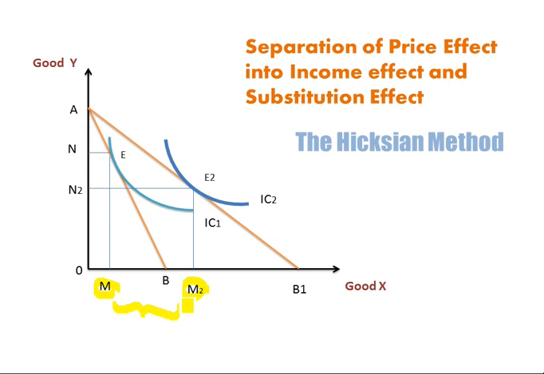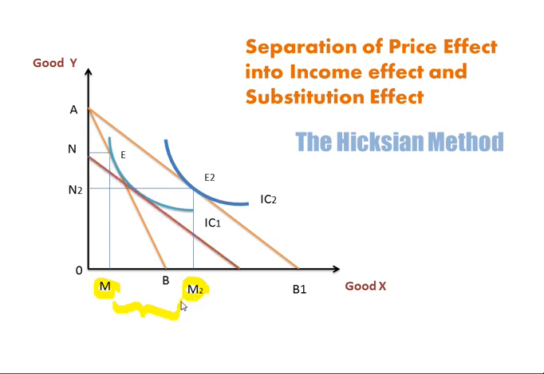That's why the consumer is able to buy more units of good X. If we take that income away, the consumer is left with the previous income. The income is taken away in such a way that the consumer has the old level of satisfaction.